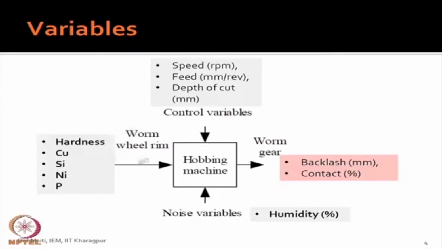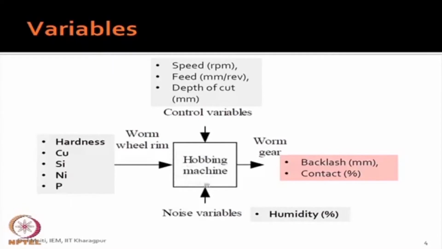What I mean to say is that the worm wheel, as an input to this hobbing machine, has certain quality features. These are known as input quality, and these input quality variables are measured through hardness, copper, silicon, nickel, phosphorus with appropriate units of measurement. Now this hobbing machine, as I told you, will cut the gear teeth.